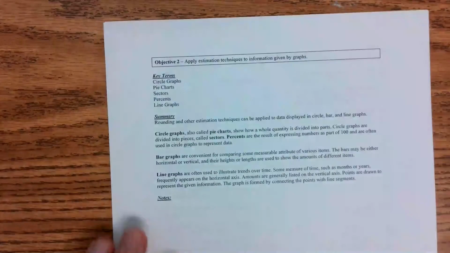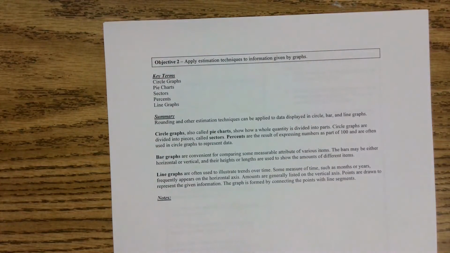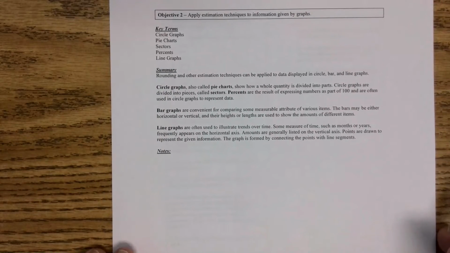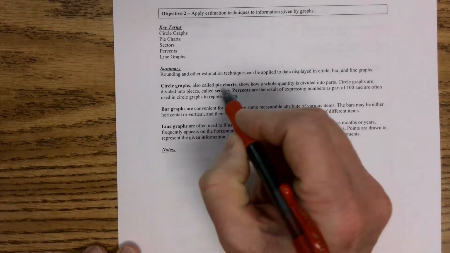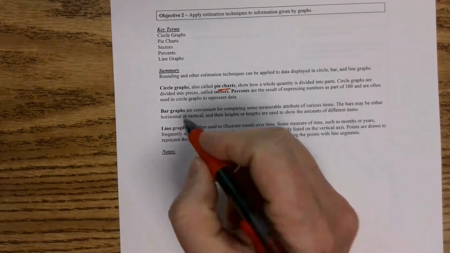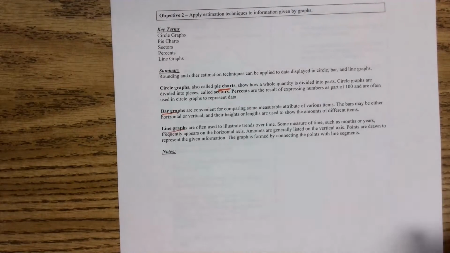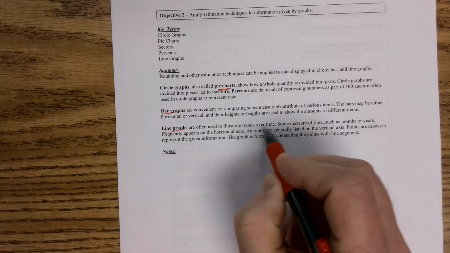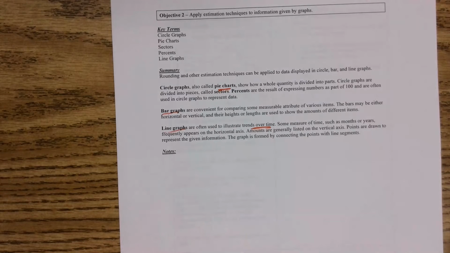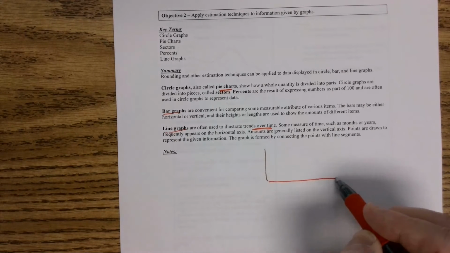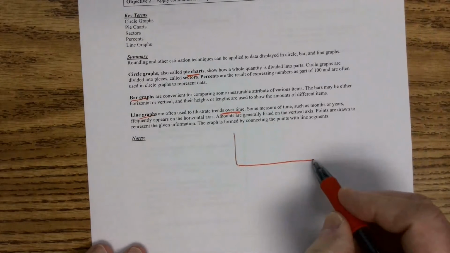The next thing is a bunch of graphs. Once again, you've used circle graphs or pie charts before. Bar graphs you've used, line graphs. The important thing here is line graphs are usually over time. The one you'll see a lot of is global warming.